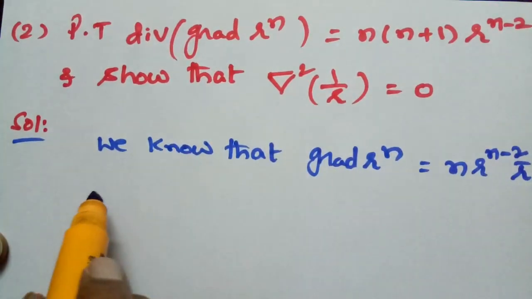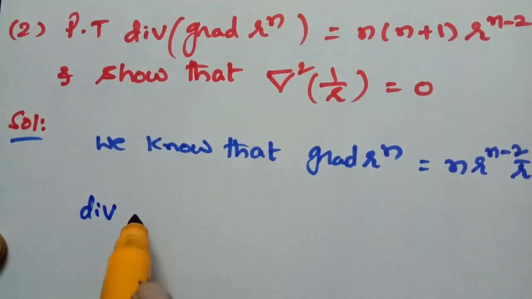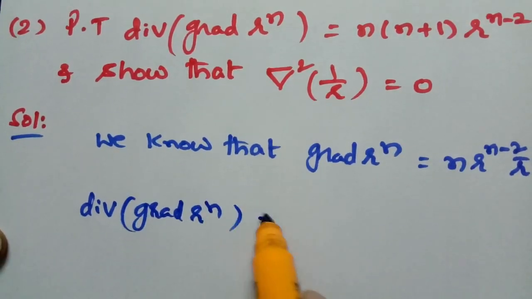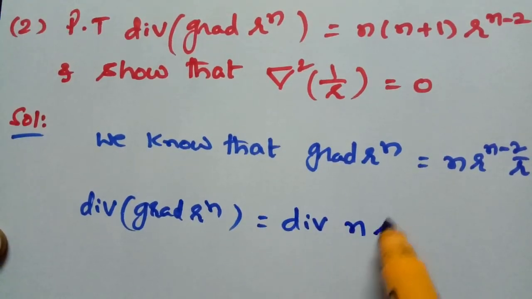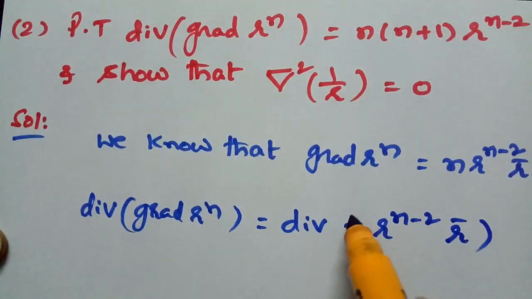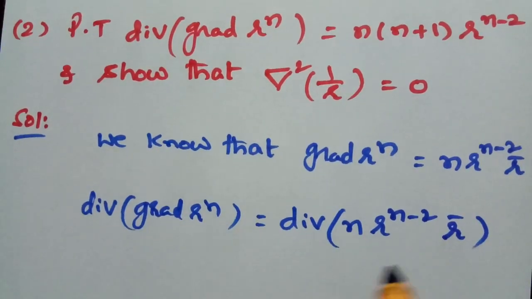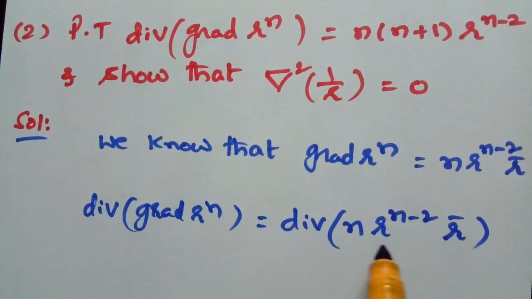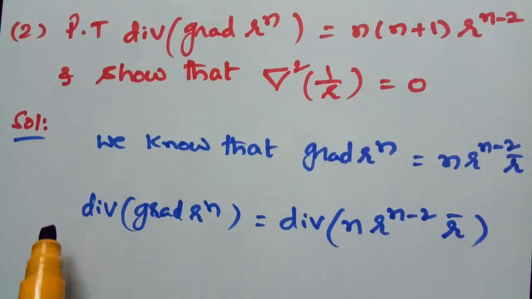Therefore, now divergence of grad r power n is equal to divergence of n into r to the power of n minus 2 into r bar. This is again in the form of divergence of phi f bar.